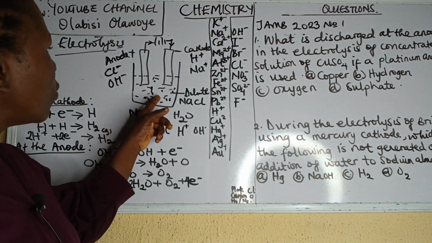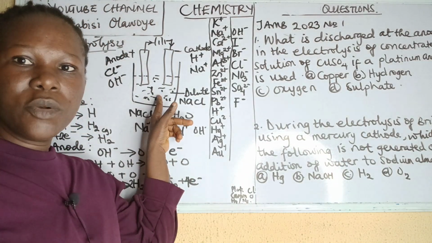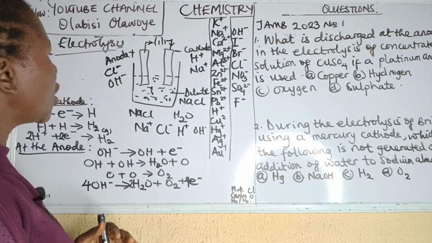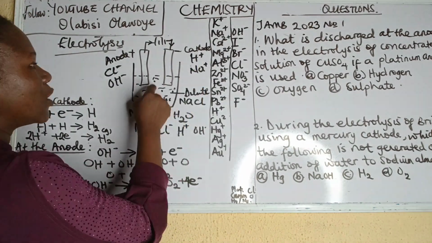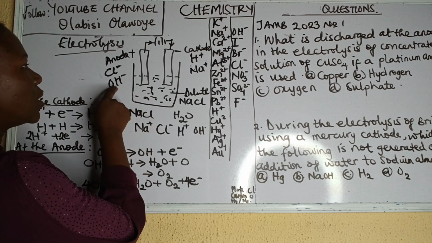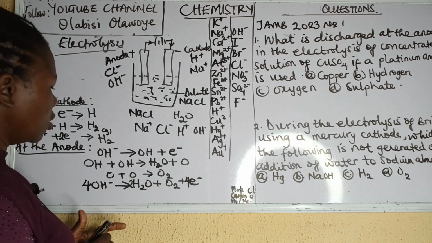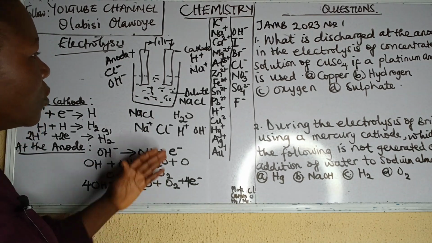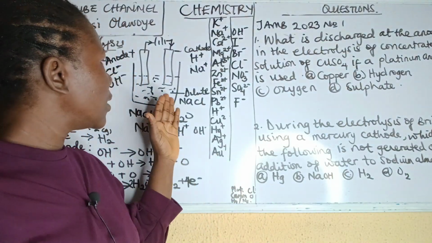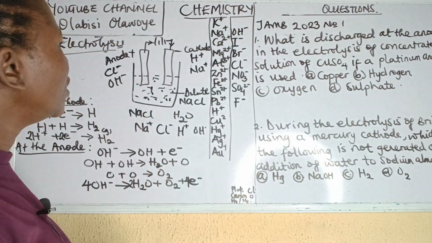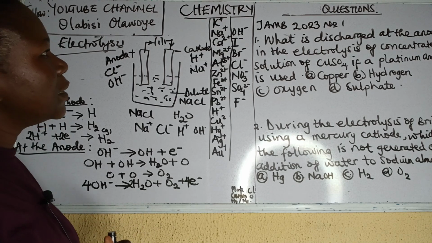Sodium chloride will be retained in the remaining solution, because sodium has gone back from here. Hydrogen is discharged, sodium has gone back. Chloride ion has gone back because hydroxide ion is discharged. So, in a nutshell, using position of ions in the electrochemical series, we will get hydrogen and oxygen on both sides respectively.